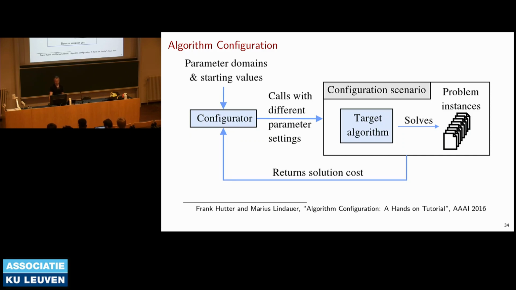Then I have my target algorithm that I want to run on a particular set of problem instances, and that might be one problem instance if that's a particularly difficult one that I'm interested in solving very efficiently. So I call it multiple times with different parameter settings. I get the solution cost back, so some kind of measure of performance. This could be, for example, the time it took to solve the problem, which goes into my configurator, and based on that, I make the decision on what parameter configuration to evaluate next.